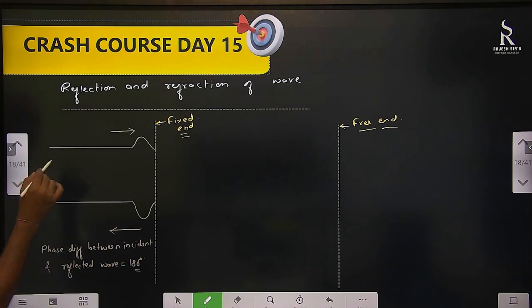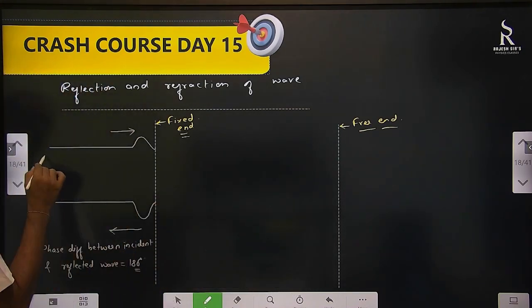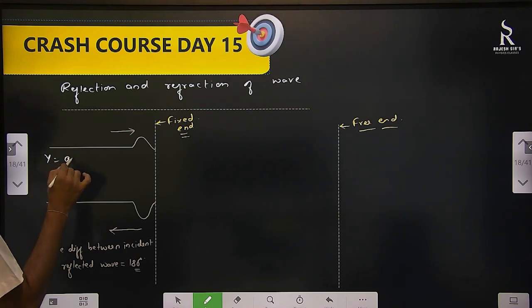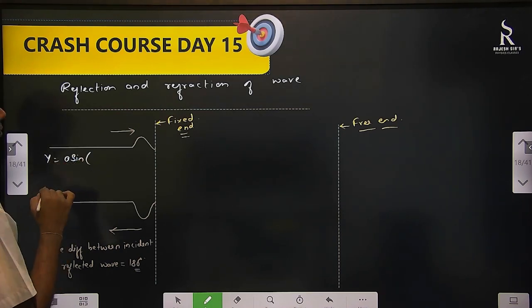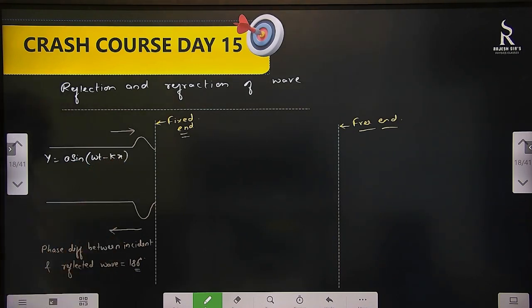So if I write the incident wave equation, suppose it is y equal to A sine (omega t minus kx). Let's assume it's like this. Then what will the reflected wave equation be?